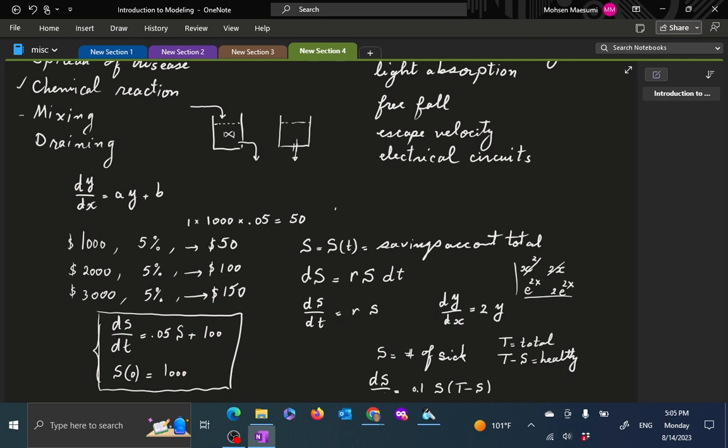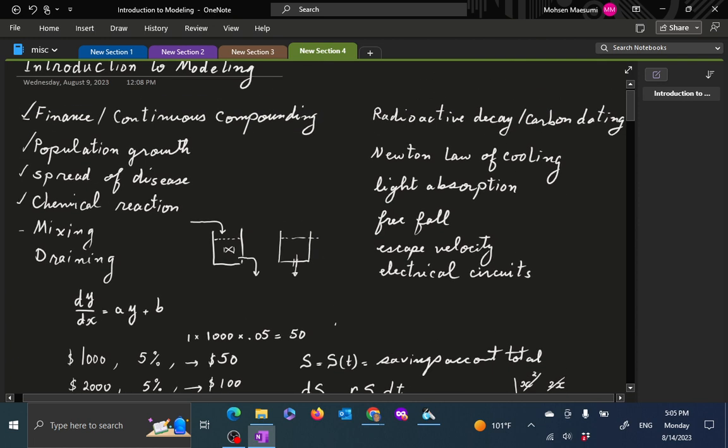Of course, as the height drops, you are going to have a slower rate leaving the tank. So what we want to know, for example, is the height of the water as a function of time. What happens to the height of water? How does that relate to this hole at the bottom of the tank, and so on.